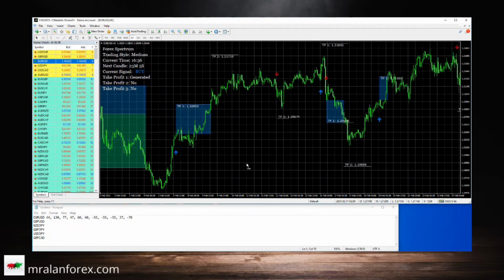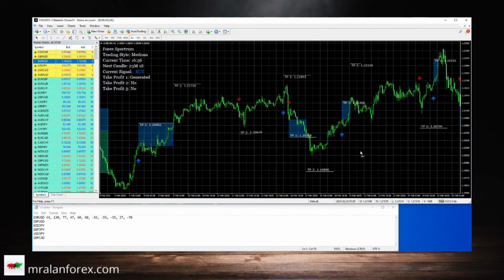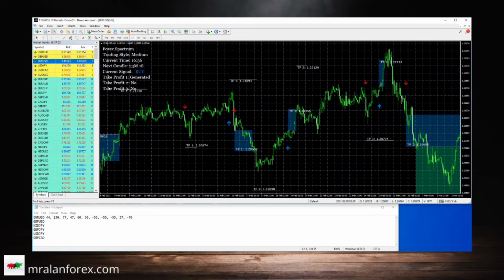Let's scroll this across and we have some more buys. So from here, first take profit 40. And then we stop out here. Looks like it's out here.